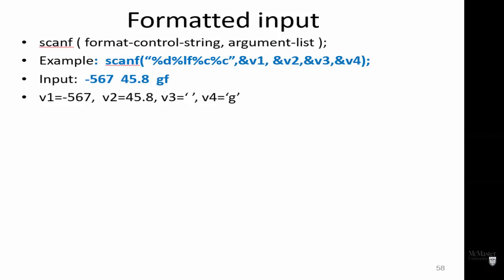Good. So we have two opinions here. One of them is saying V3 is GF, while the other opinion is V3 is only G and V4 is F. Do we have other options? What do you think? Yeah?